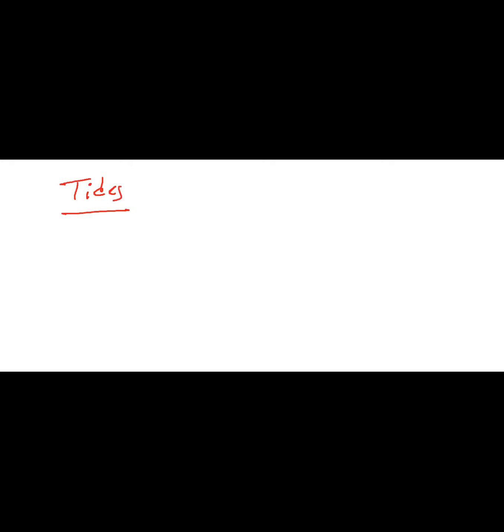Because if you understand the concept of tide, then accordingly we can understand these coastal regulation zones, because in the CRZ we have the concept called HTL and LTL, the high tide line and low tide line.